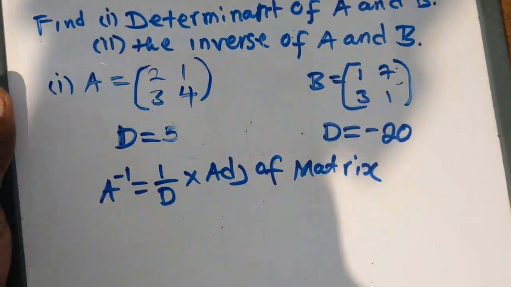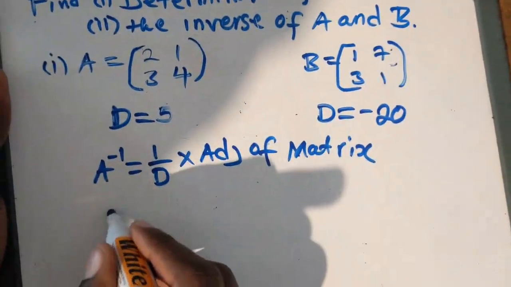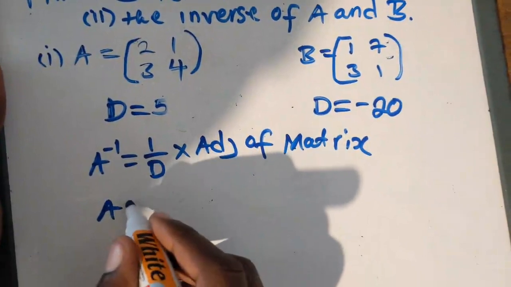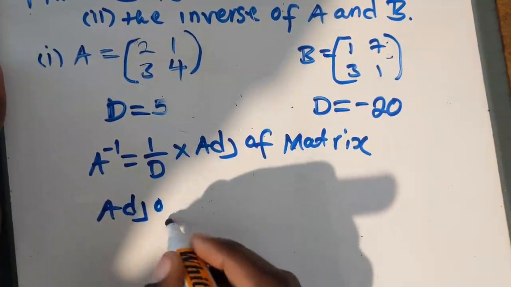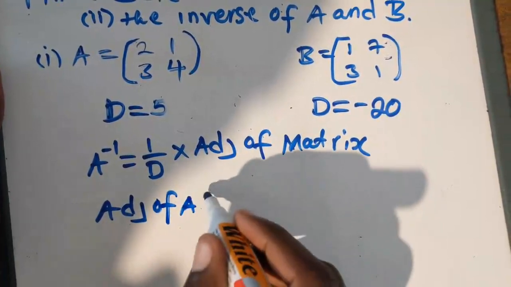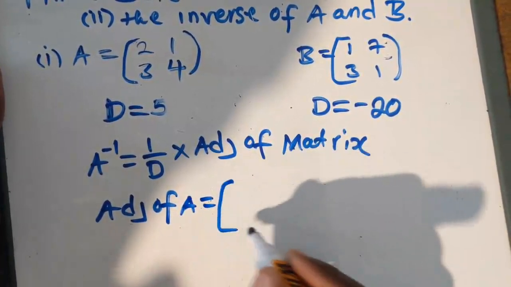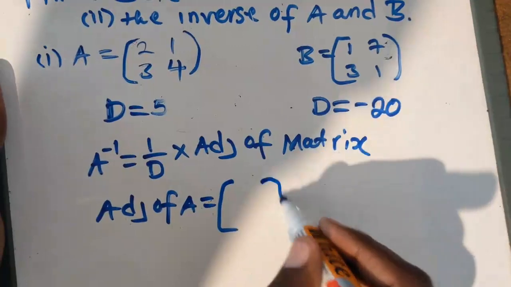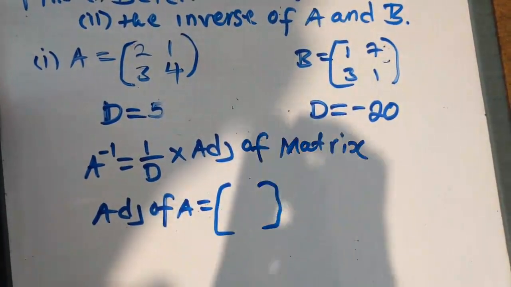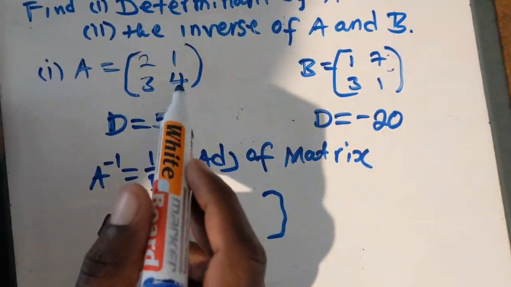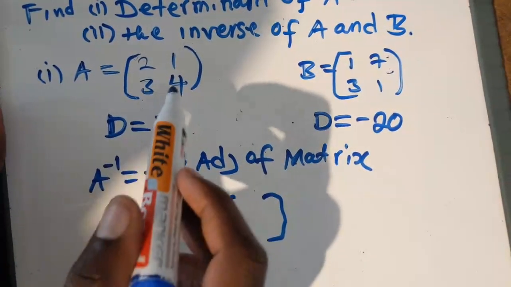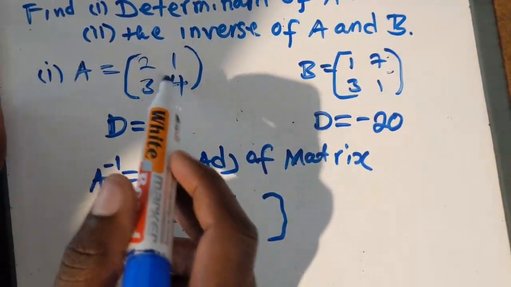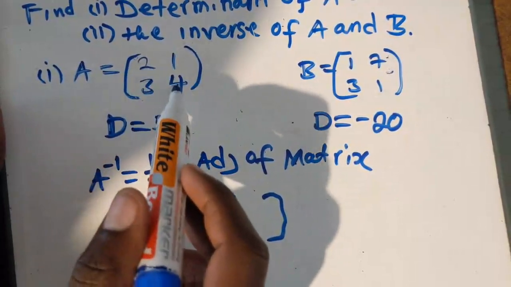We are trying to find the adjoint of A. This is matrix A, and for its adjoint, just these numbers swap.